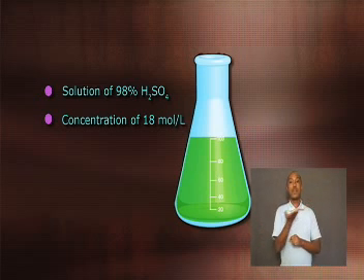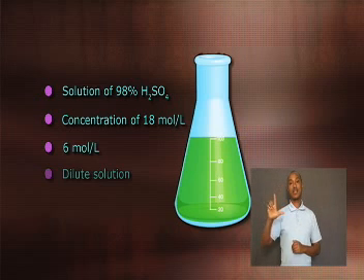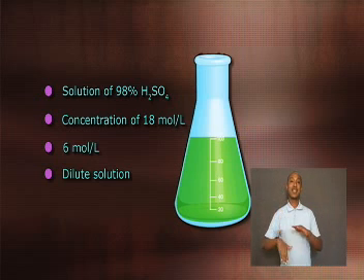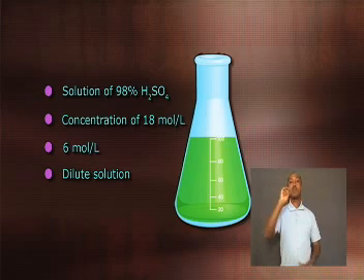However, the concentration will decrease to 6 moles per liter. The new solution would be dilute rather than a concentrated solution of sulfuric acid. Therefore, concentrated acids have a greater number of moles of acid per liter than dilute acids.